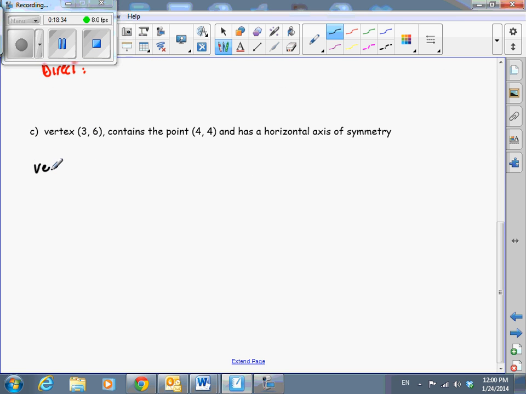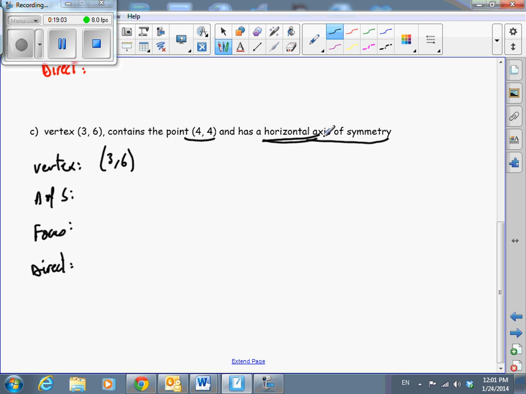One last one. I start, of course, with vertex, axis of symmetry, focus, and directrix. Right, the vertex is 3, 6. It contains the point 4, 4 and has a horizontal axis of symmetry. Well, they didn't give us much, but they told us it was horizontal, right? The axis of symmetry is horizontal.